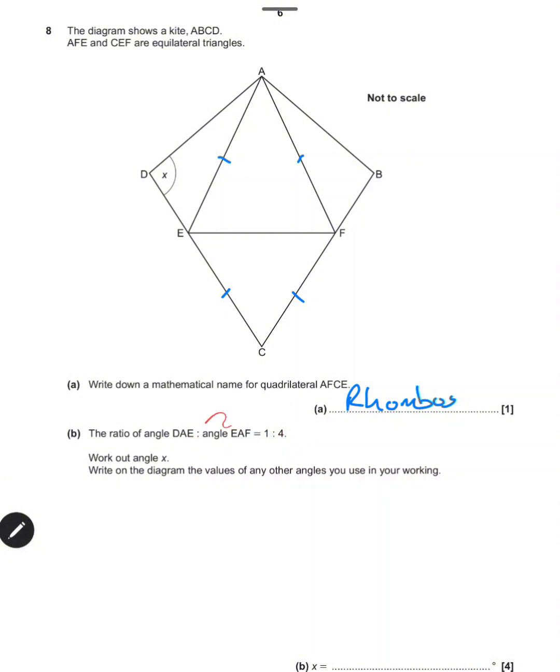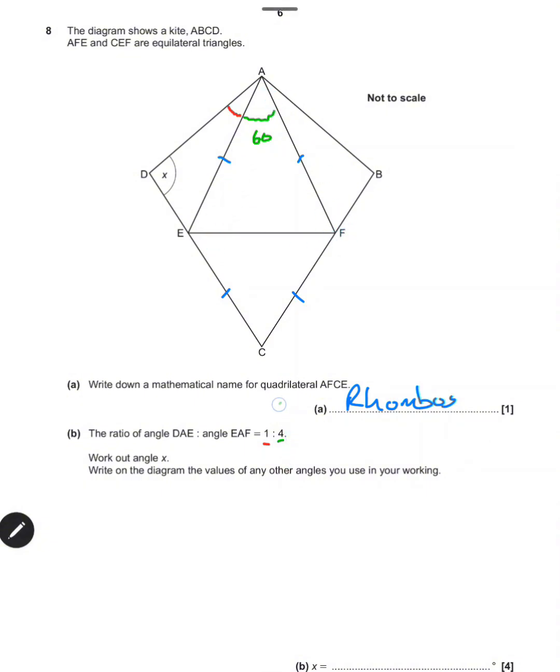Part B says the ratio of angle DAE, so this angle, to EAF, that angle is 1 to 4. Well, we know the green angle, EAF, is 60 because that's an equilateral triangle.